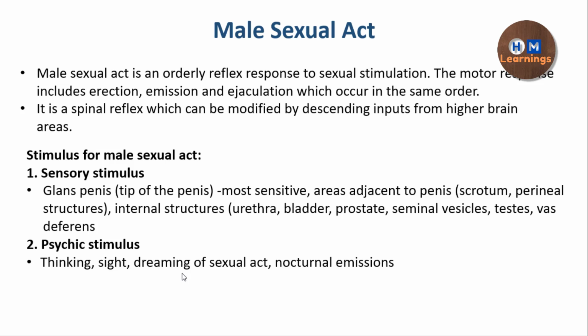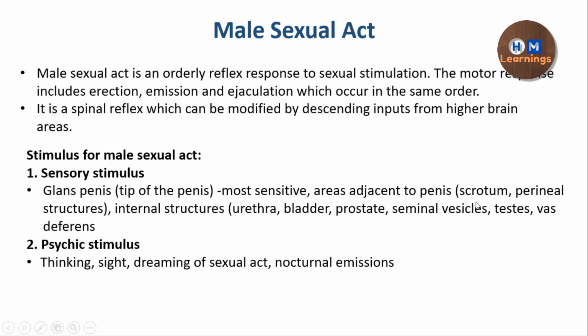Sensory stimulus is carried from the skin, from the peripheral end organs, which are the receptors. The glans penis, the tip of the penis, is the most sensitive part of the male reproductive system. So the tactile sensations from that part can elicit the male sexual act.